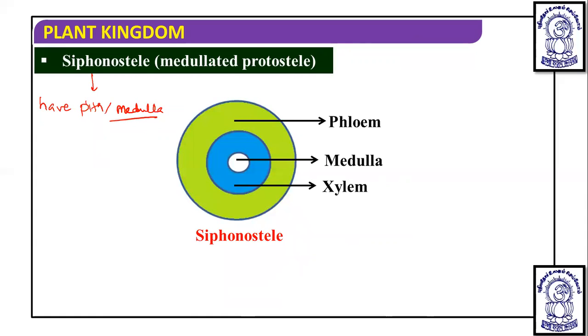So you can see the innermost is the medulla or pith. It is covered by the xylem and at last covered by the phloem, and outside that you will see the presence of the pericycle.